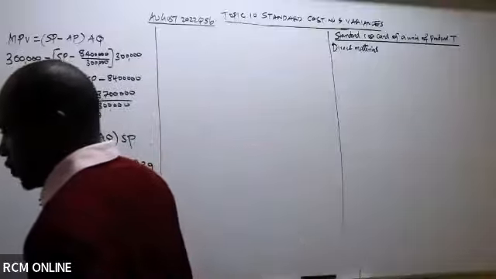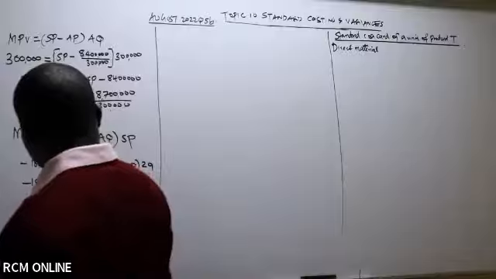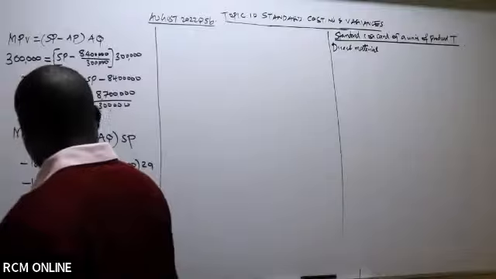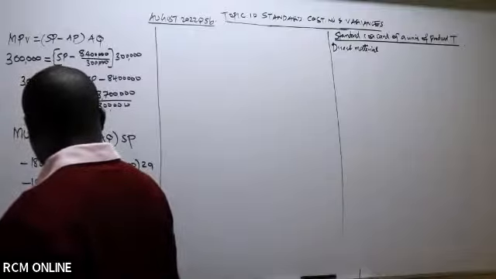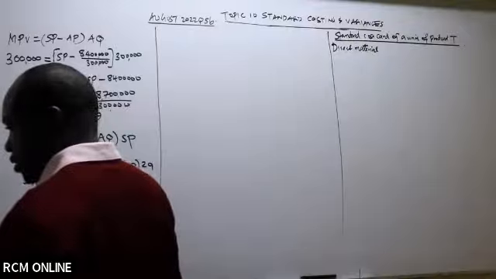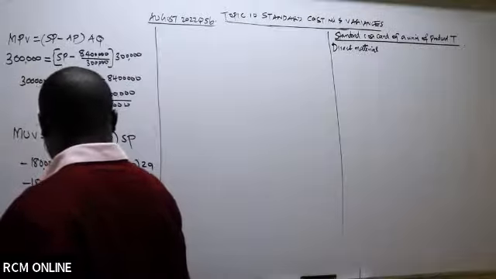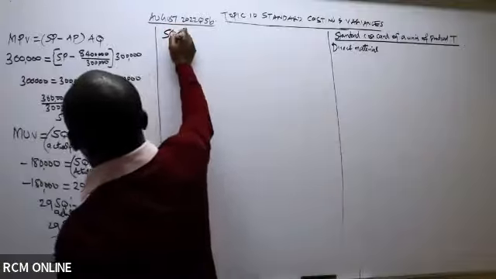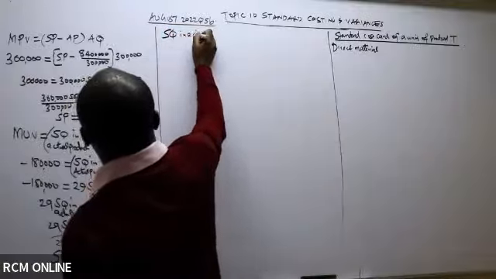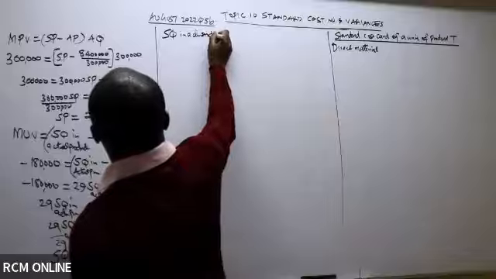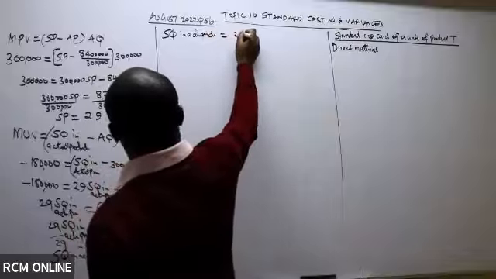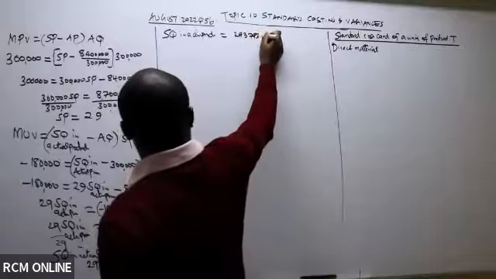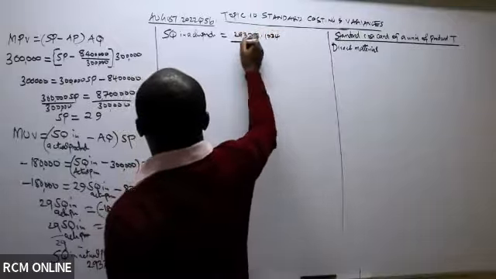What are we getting? 293,793.1034. Good. Standard quantity in actual production is equal to 293,793.1034.